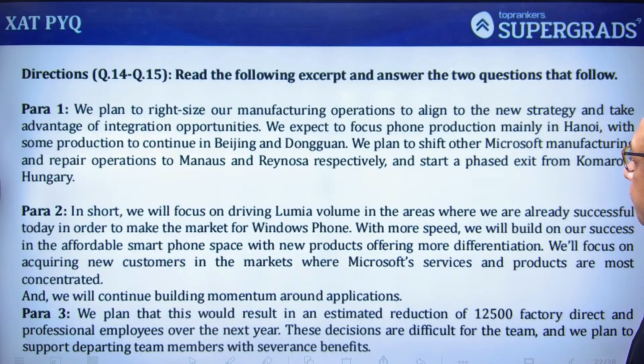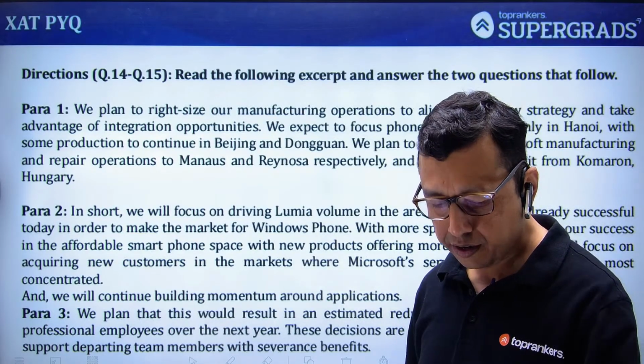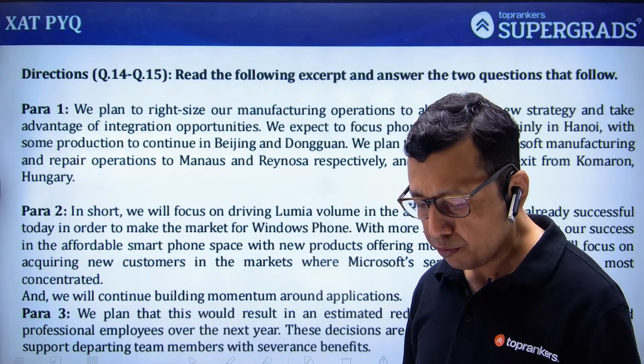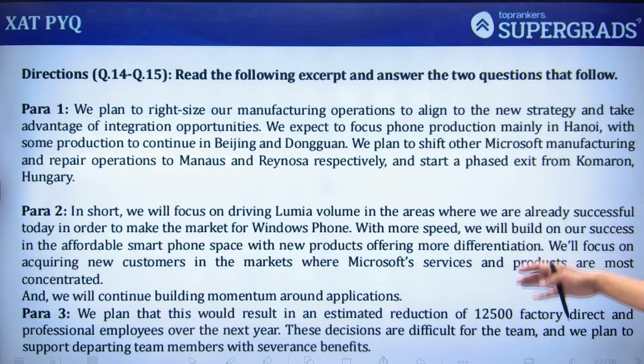Read the following excerpt and answer the 2 questions that follow. I hope you understood the previous question of critical reasoning clearly. Now solve questions 14 and 15 based on the reading of these 3 paragraphs. Read the 3 paragraphs carefully, and then I will show the questions to you.